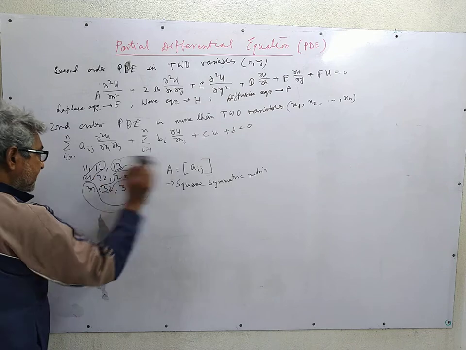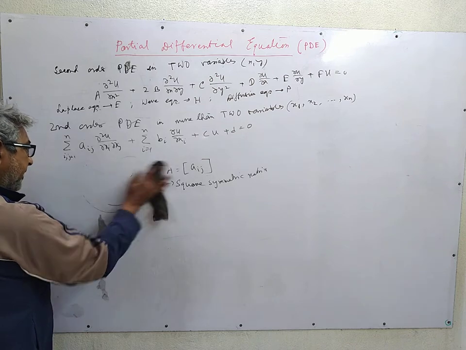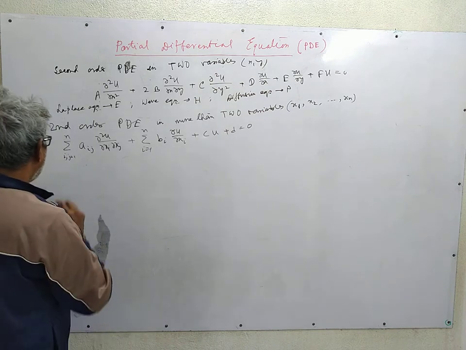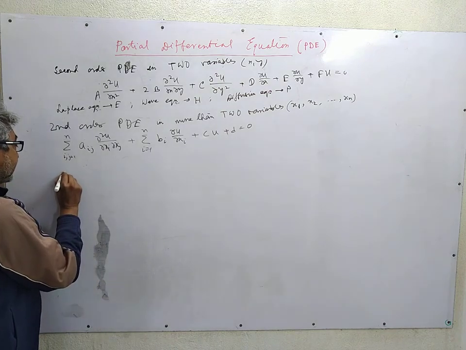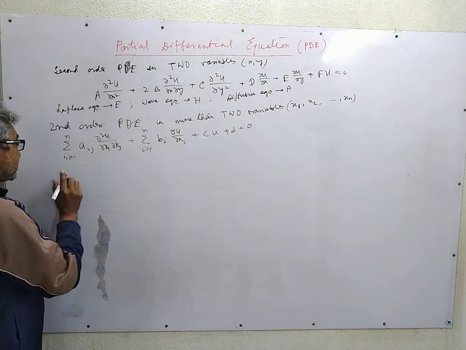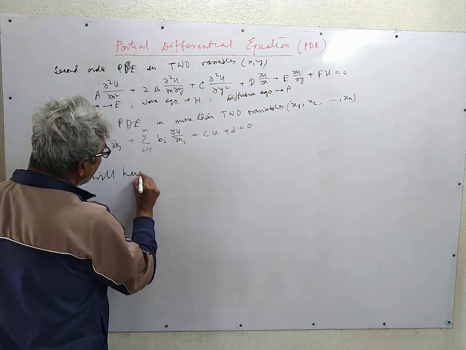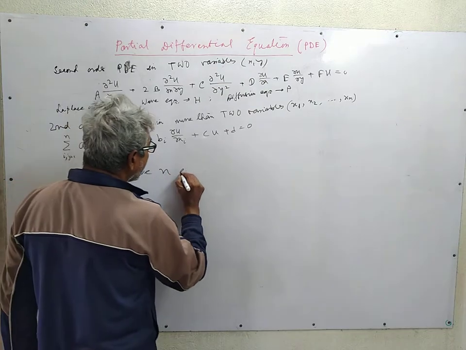This matrix is a matrix of order n, so it will have n eigenvalues.